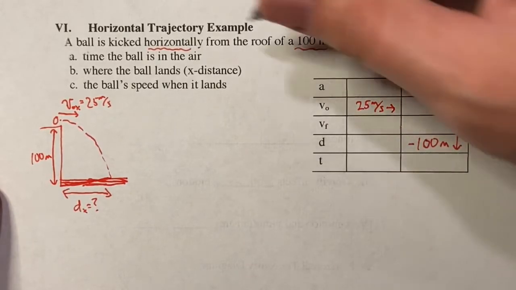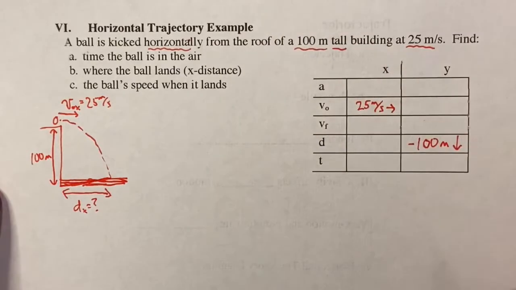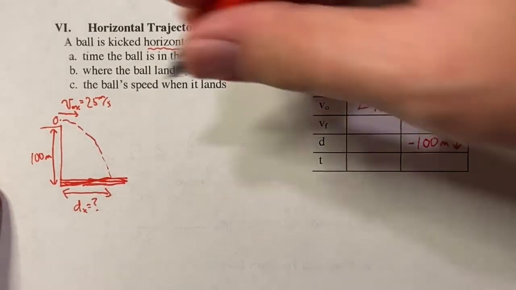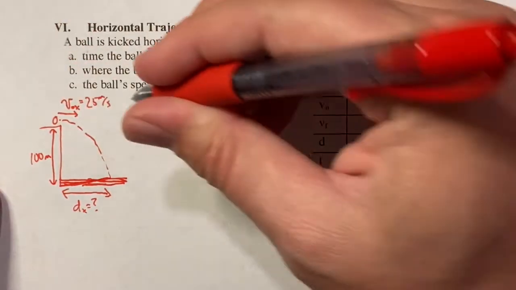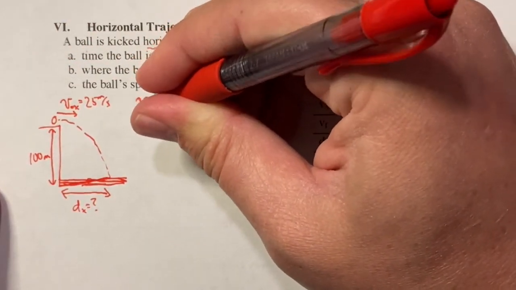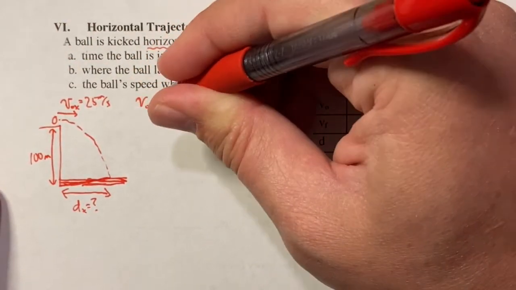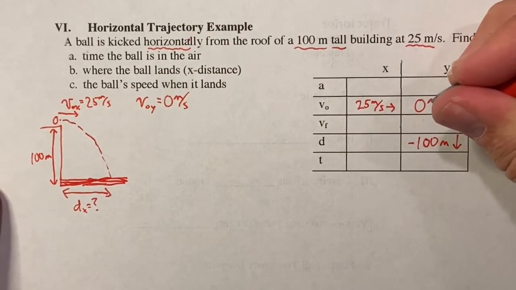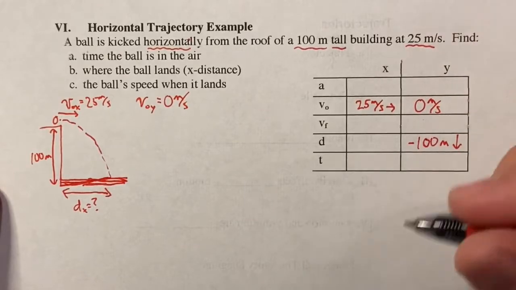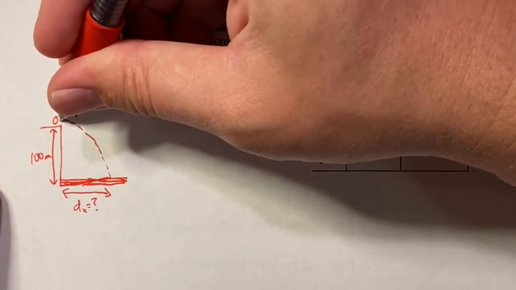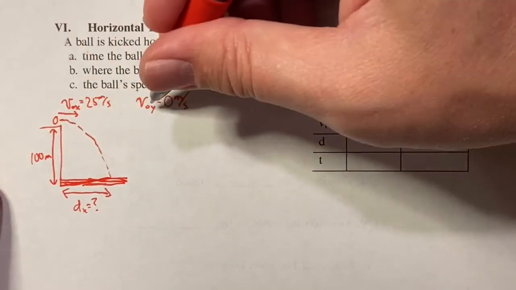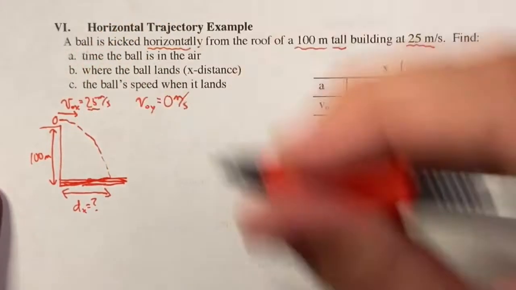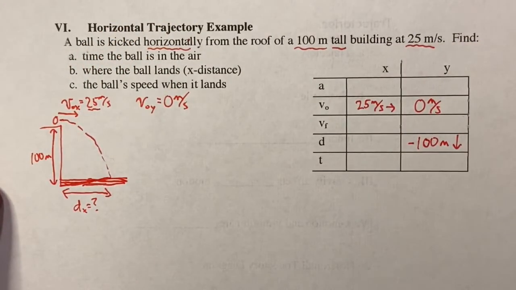If your motion is horizontal, then none of it is up or down. So not only do we know the v original for x, this also means we know the v original for y. We know that it's 0 meters per second. And this is an important thing to remember about all trajectories, that at the top of an arc, the y velocity is 0, even when you have some x velocity.